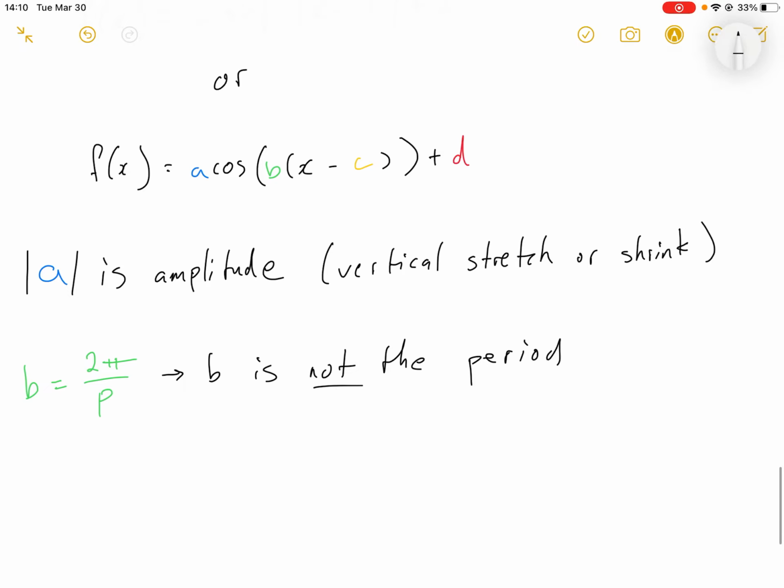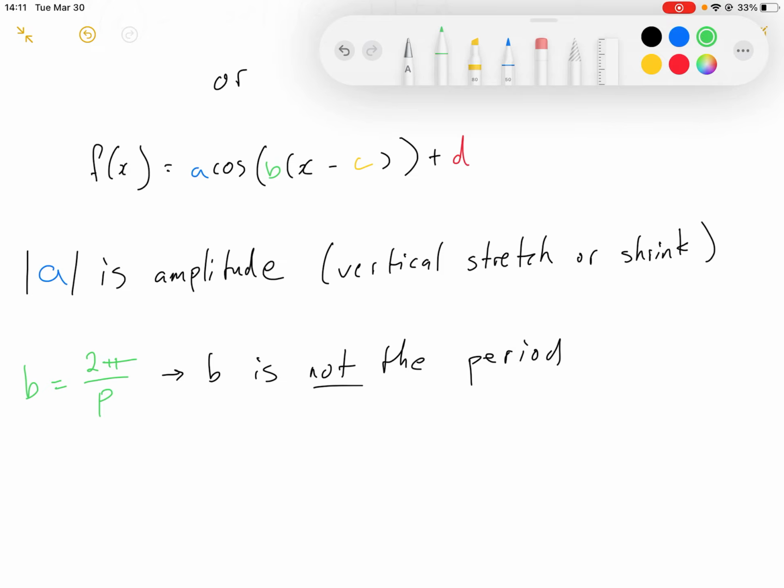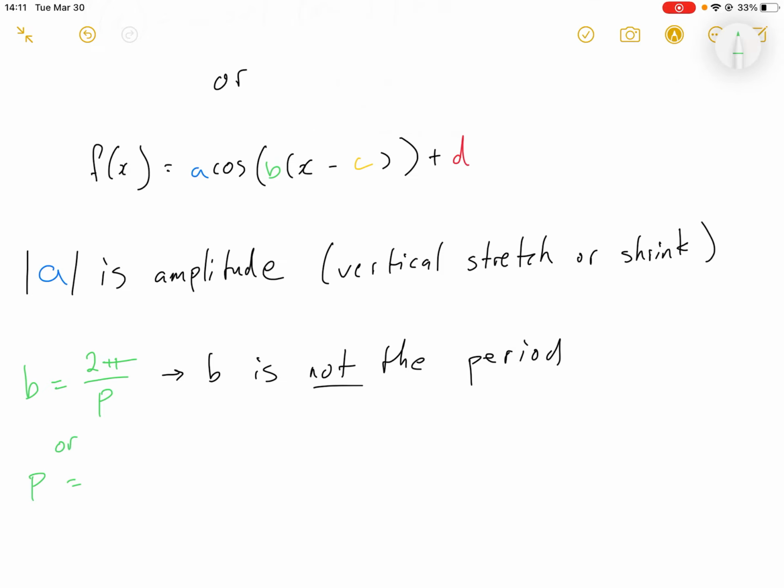We could also rewrite this equation by solving for P, depending on which one is more useful. So sometimes you'll want to solve for B given the period, you might use the first form, or you might want to solve for P given B. It just depends. And so in this one, P stands for period.